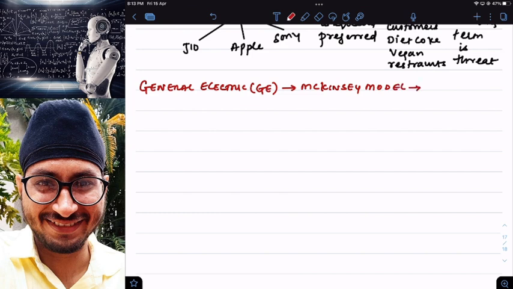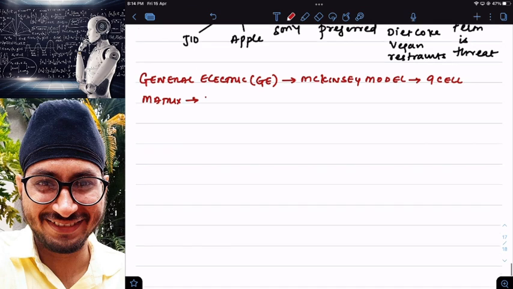Also called as 9-cell matrix. Also called as 3x3 matrix. These are the different names given to whom, sir? These are the different names given to GE model. It is called as General Electric or GE model, McKinsey model, 9-cell matrix, and also called as 3x3 matrix. Clear?